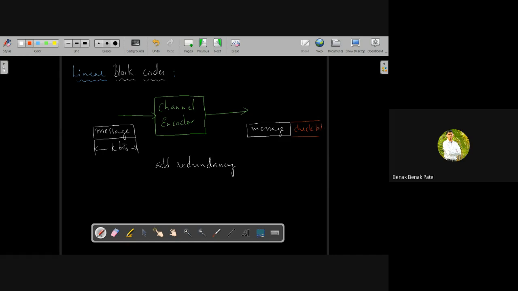This check bit is of size n minus k, and the message is of k bits. On the whole, the entire length is k plus n minus k, such that k gets cancelled out and we are left with n bits.